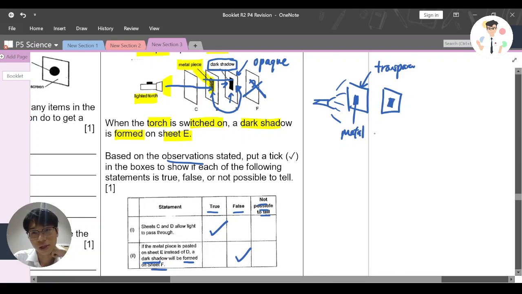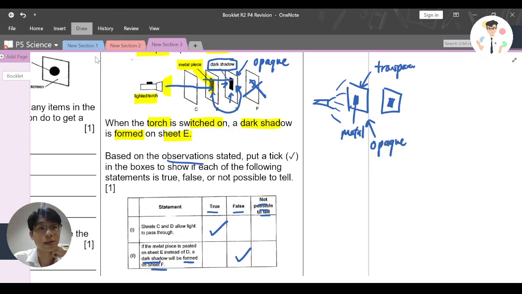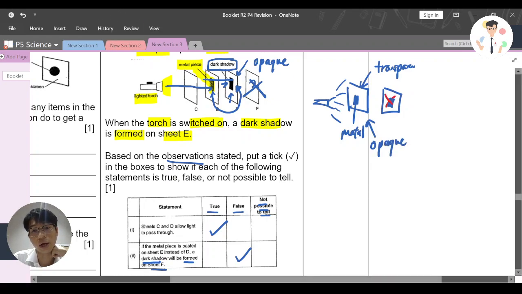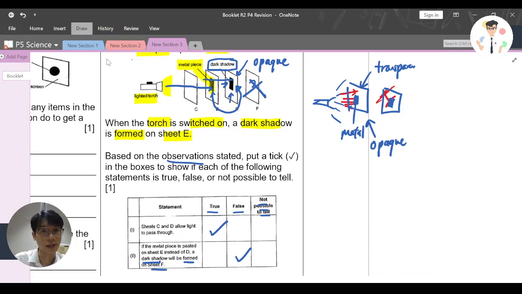But if this one is opaque, then these shadows will not be formed. Why? Because light cannot pass through. So there's no shadow able to form here. Or perhaps I should say that everything here will be dark. There's no shadow of the metal piece on there. So that's basically the whole idea for this part A.